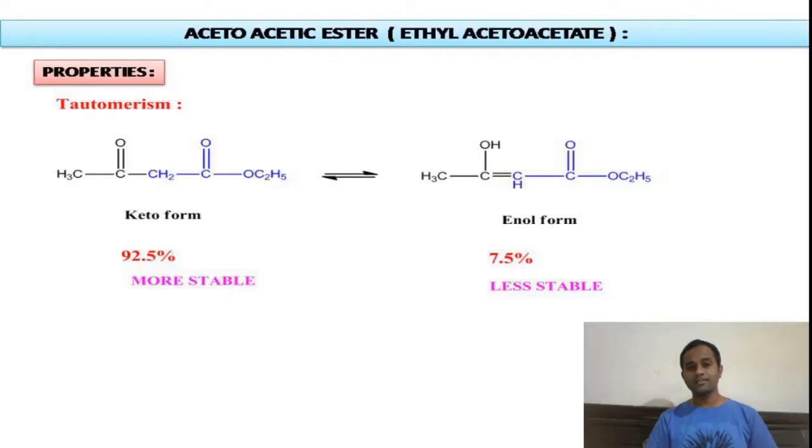Since it exists in both forms, ethyl acetoacetate will give properties due to the ester group, properties due to the carbonyl group, and properties due to the enolic functional group, right?